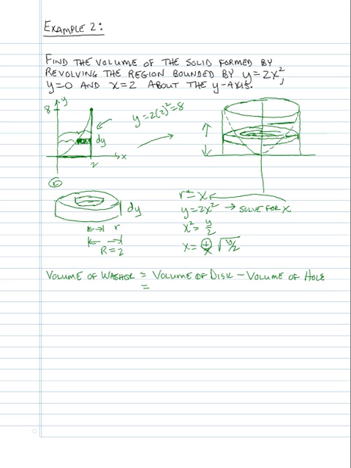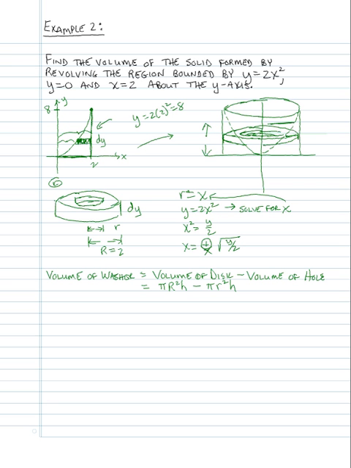Well, the volume of the disk is pi times the radius of the disk, which is capital R squared, times the height, generally h. And the volume of the hole, of course, is pi times the radius of the hole, which is lowercase r, squared, times the height.